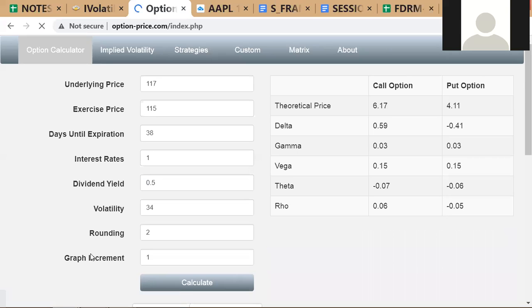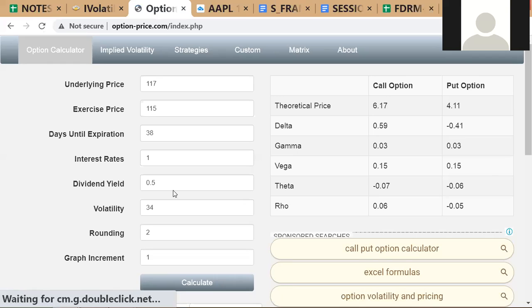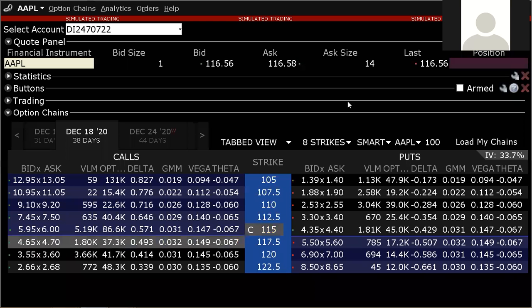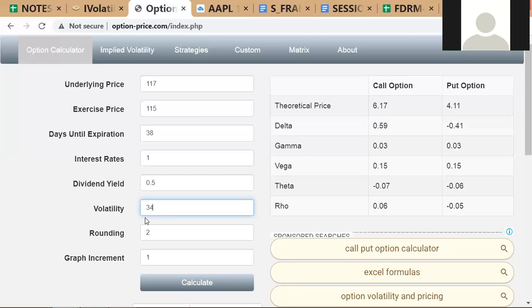You play around with these factors, but mainly you know the actual information, and you keep playing around with the vol until you get the option price equal to the market price. That's your I-Vol. That's what I-Vol means, and this is how they get these numbers.